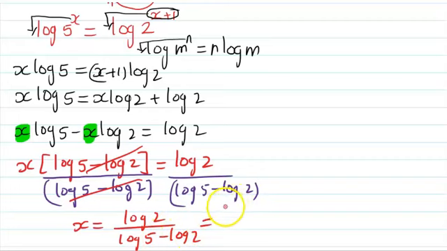Put this value in a calculator and see how much x is coming. 0.7565. Is that okay?